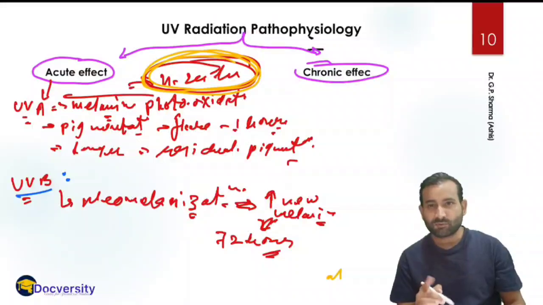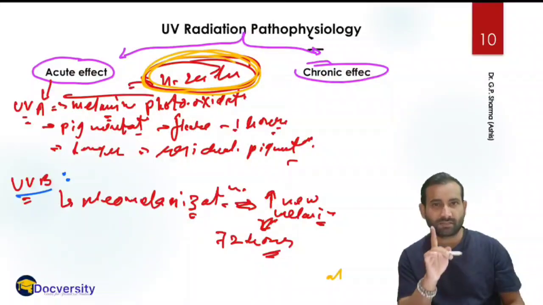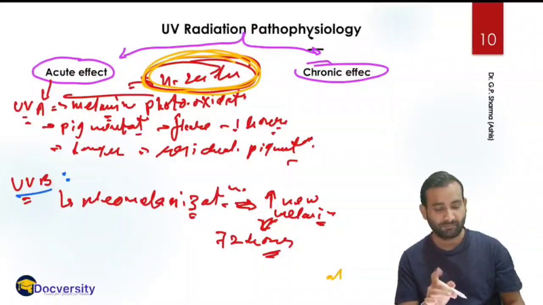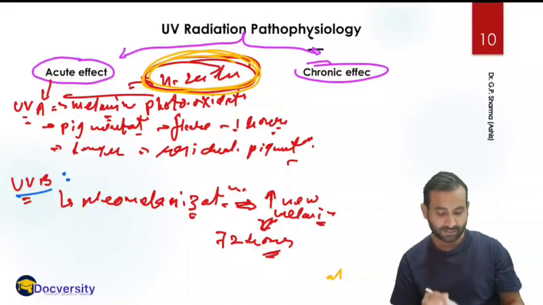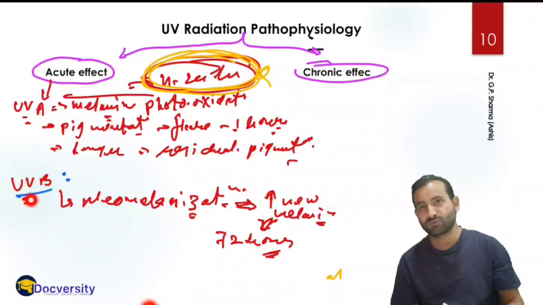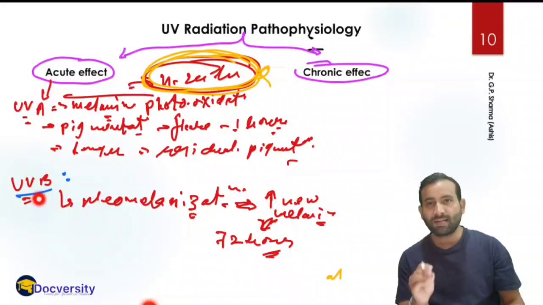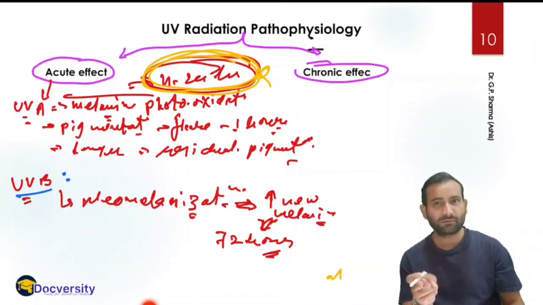That means if we are exposed to the radiation for less than 4 hours, pigmentation does not appear. Please remember this question for the exam. In case of UV radiation B, when we are exposed for more than 72 hours, new melanin pigment formation begins. The quantity of the melanin also increases.